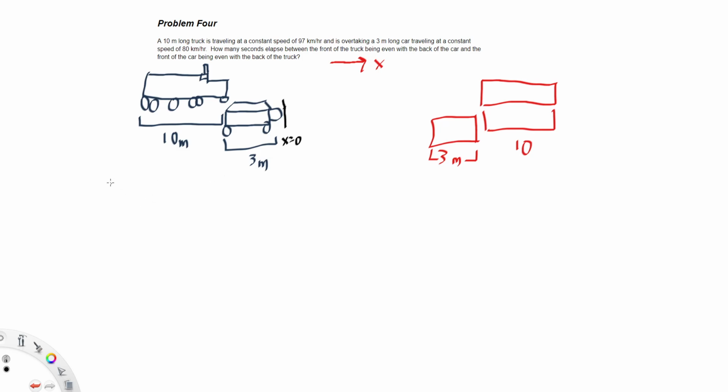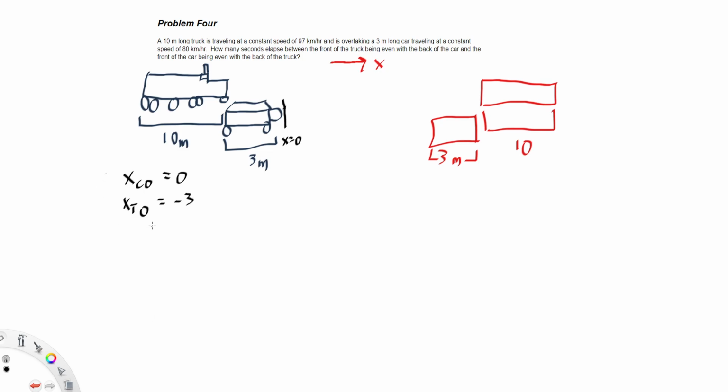So that means that the position of the car initially is 0. The position of the truck initially is -3.